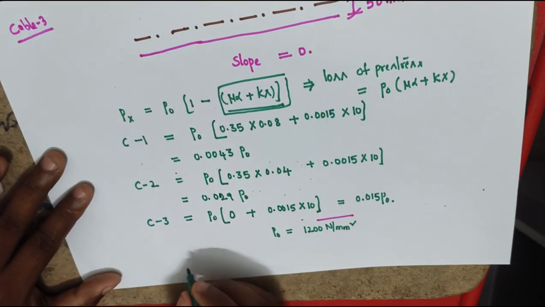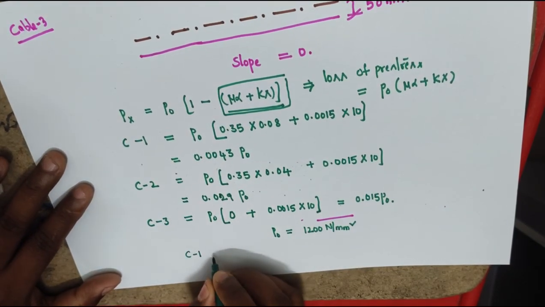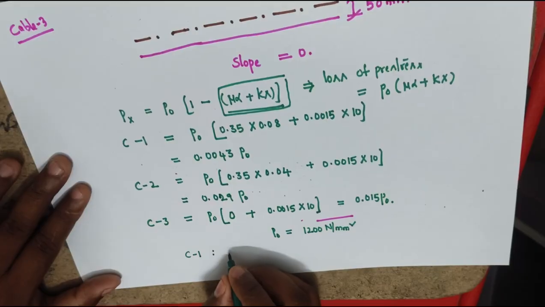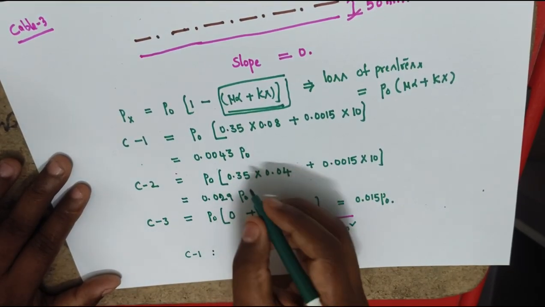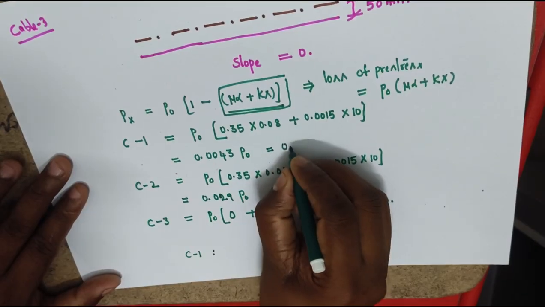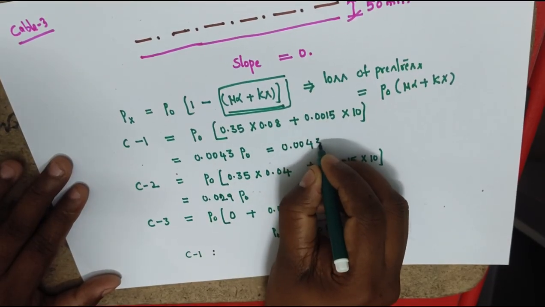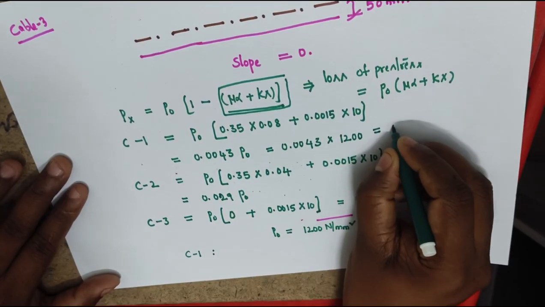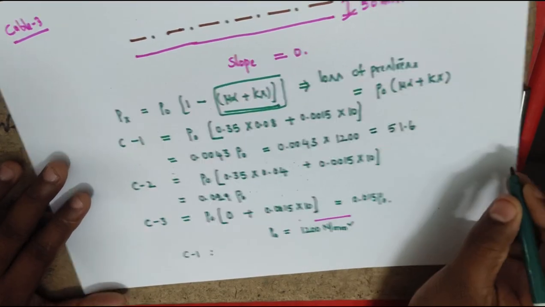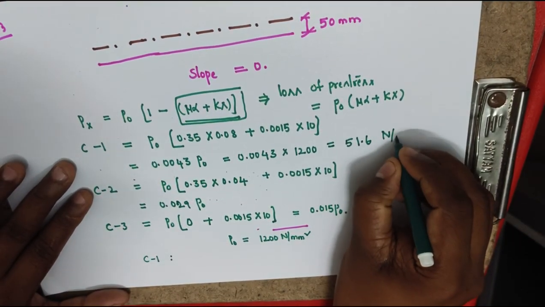So in cable 1, loss of prestress is equal to 0.0043 into 1200, that is equal to 51.6 Newton per mm square.